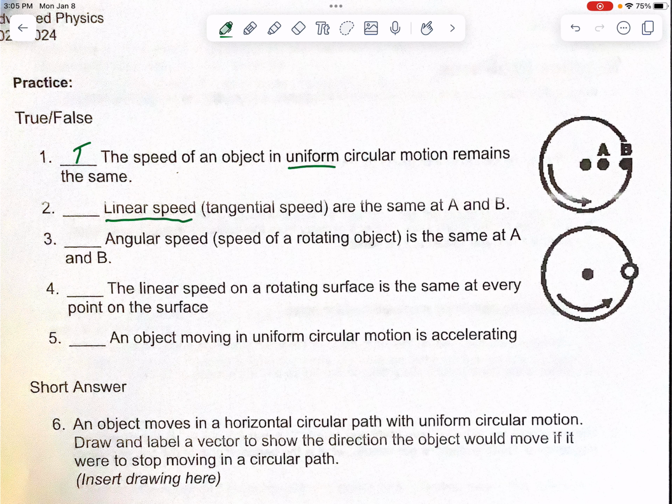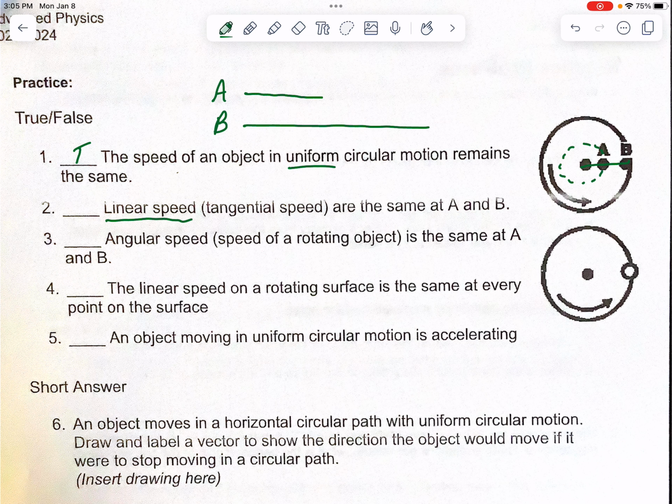Okay, we're looking at point A and point B right here. Say point A and point B are attached to a string that's being spun around. If I were to take A's path and put it into a straight line, A's path kind of looks like this. You're going around and around. Now, B's path has a longer way to go.